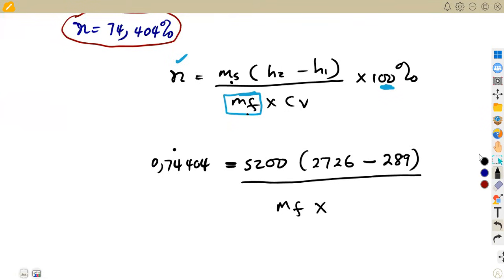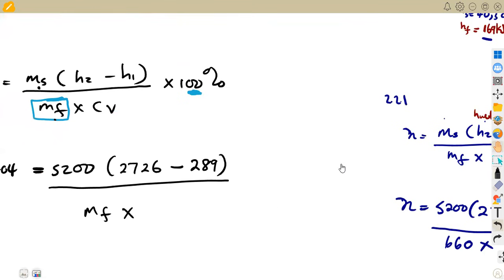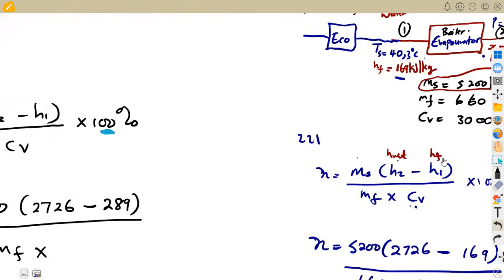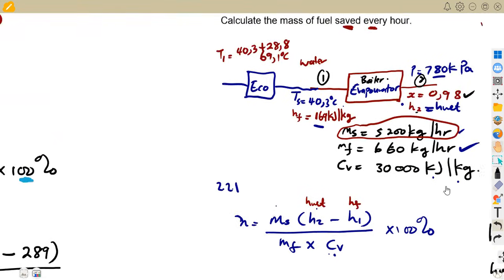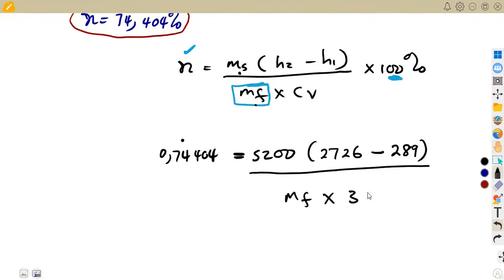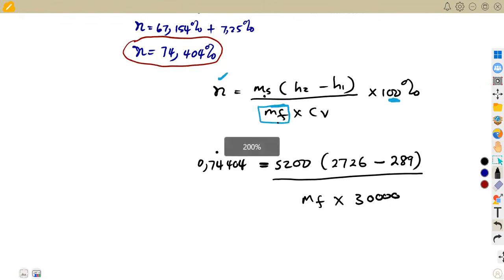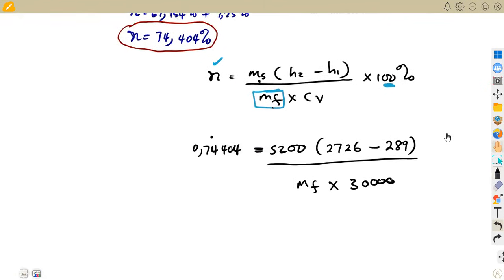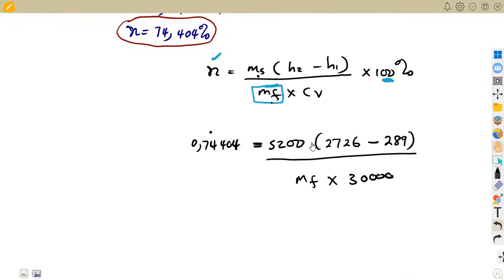The calorific value, remember in kilojoules, we had our calorific value of 30,000 in this case. So that was the whole part of our question, to calculate the mass of fuel from these conditions that we are given. Then we relate back to the one that we had before.